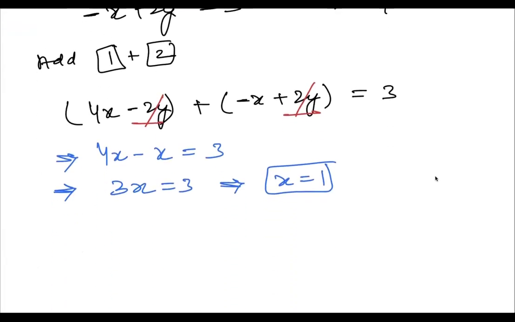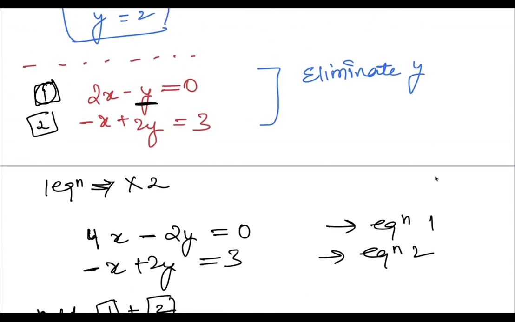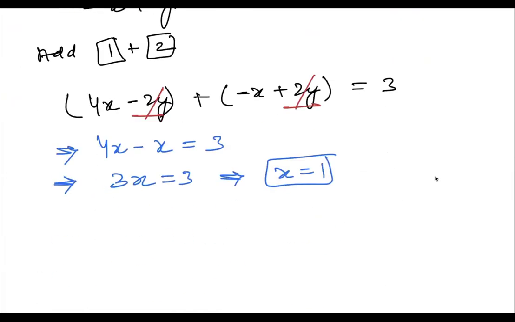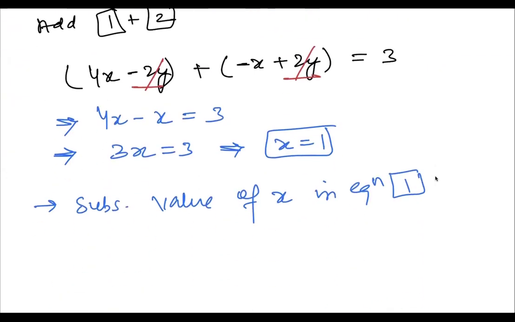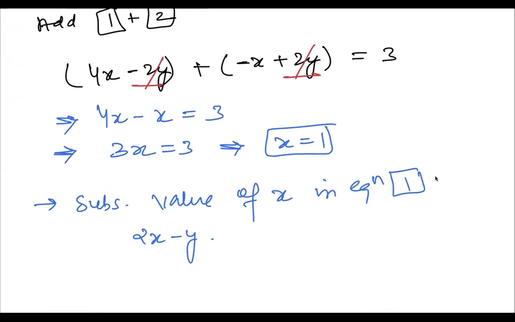Once we have x equal to 1, we can substitute the value of x in the first equation, which was our original equation: 2x minus y is equal to 0. Let's put the value of x, which is 1: 2 minus y is equal to 0.